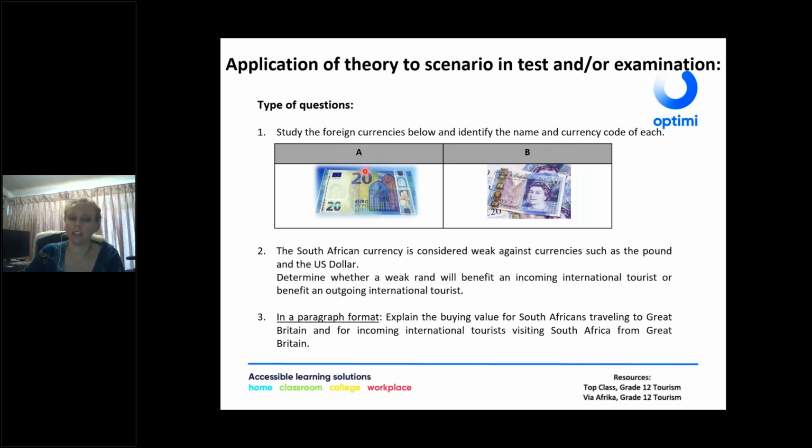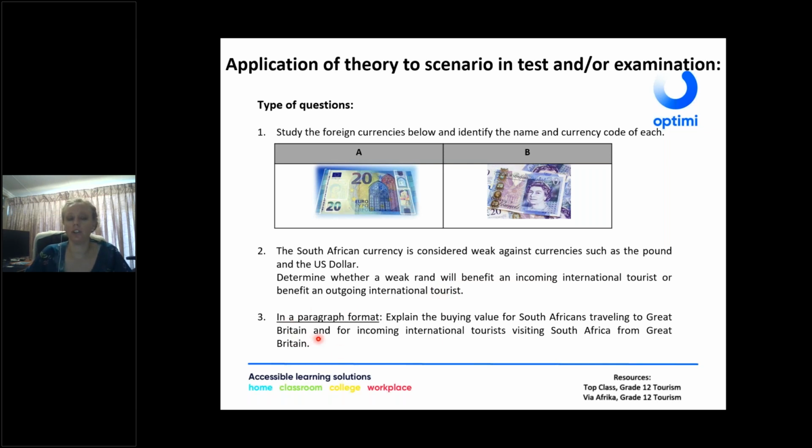So we would say it's the euro and it's the EUR, and this is the British pound, which is the GBP. Then I can ask you a question like, the South African currency is considered weak against currencies such as the British pound and the US dollar. Determine whether a weak rand will benefit an incoming international tourist or an outgoing international tourist from a South African point of view.